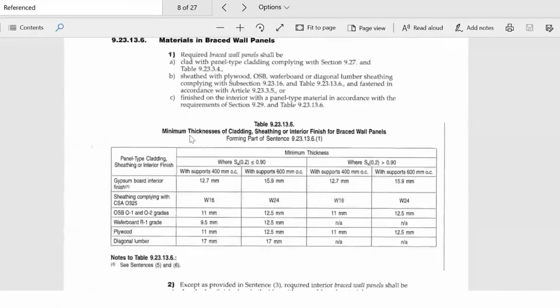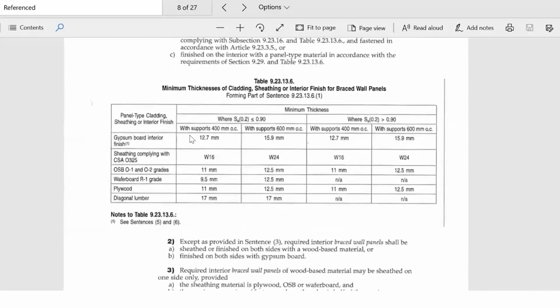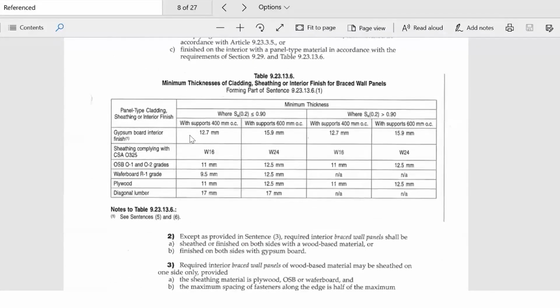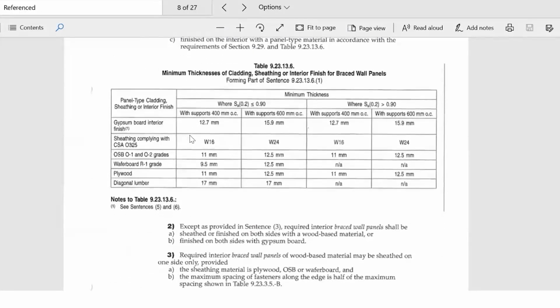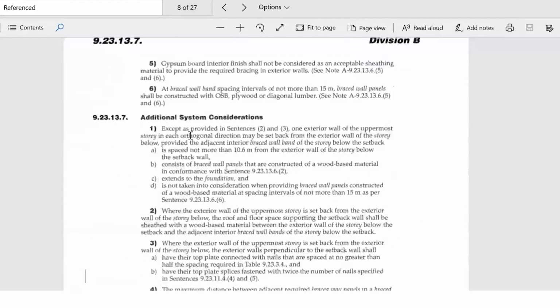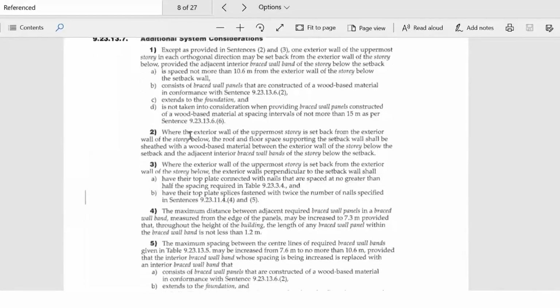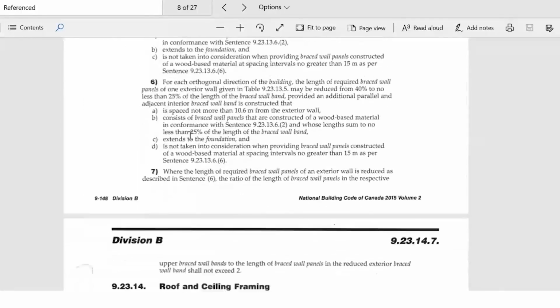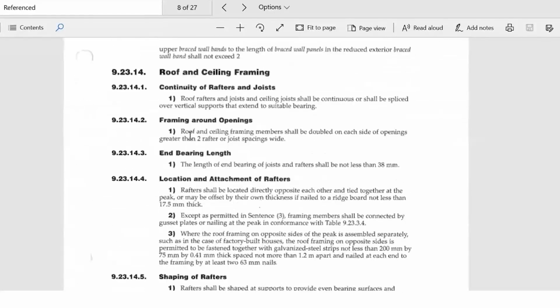And the materials in braced wall panels, what are the materials that need to be used depending on Sa values. Additional system considerations, you have to make sure that you meet all these provisions when you're dealing with seismic and wind framing.